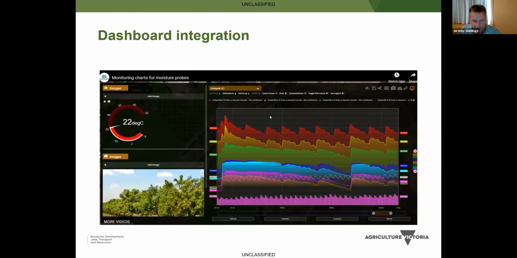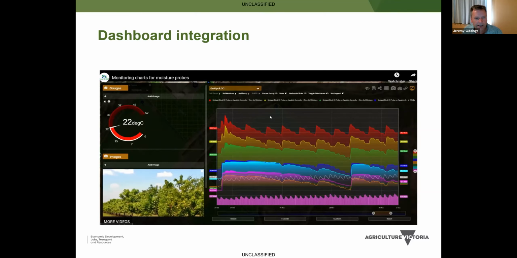The other thing that's starting to get more and more interest is there's companies around now that integrate all readings. You heard Everard talk earlier about how plant-based sensors and soil-based sensors are a good combination. The problem in the past is they've been on two different pieces of software.